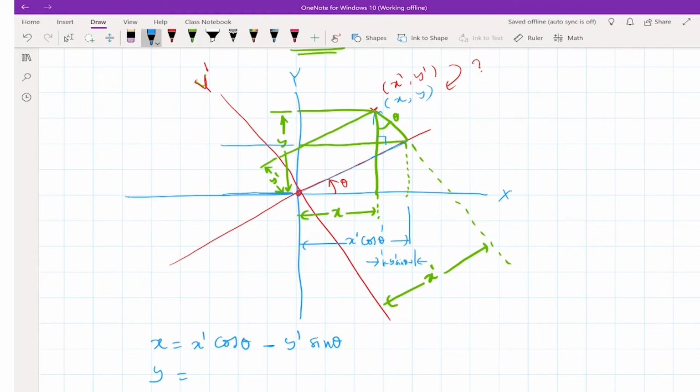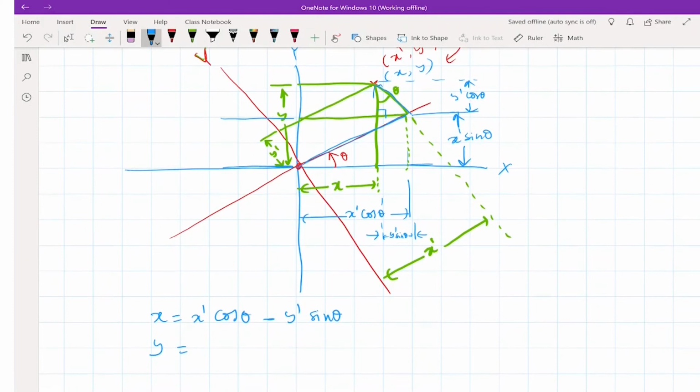This being x prime, that length is exactly equivalent to this length, and this would be equal to x prime sine theta, right? And to that you want to add this value. Where is y here? This is your y here, so this is equal to y prime cos theta. So y is equal to x prime sine theta plus y prime cos theta.